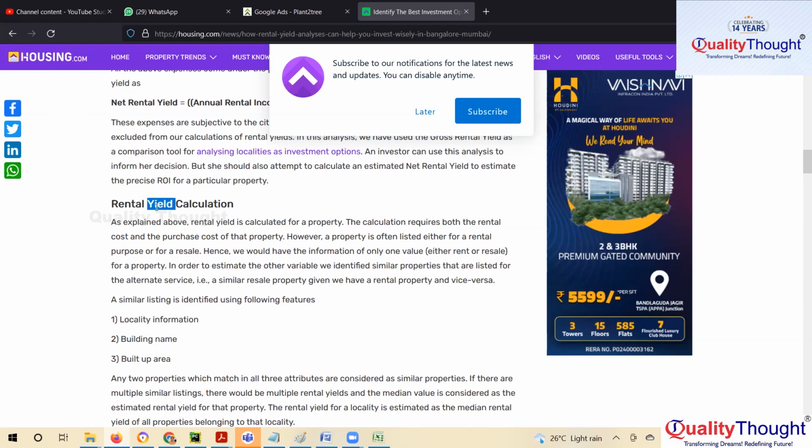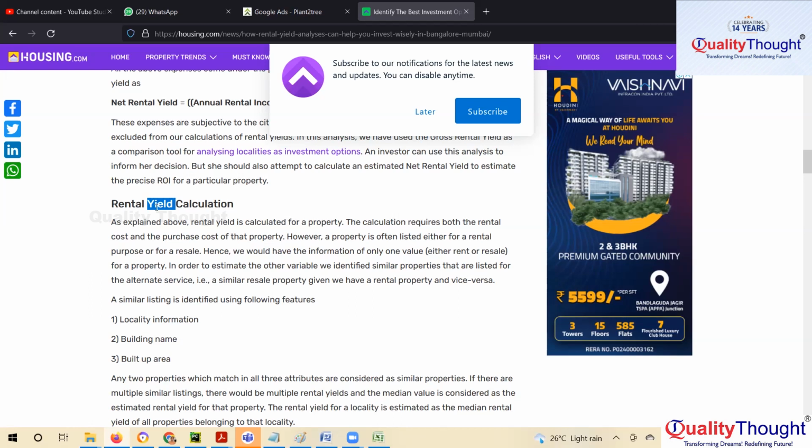You bought another house for 1 lakh, and you're getting 35,000 rent. Obviously, it will be more, sir. What is the rental yield? 35%, sir.